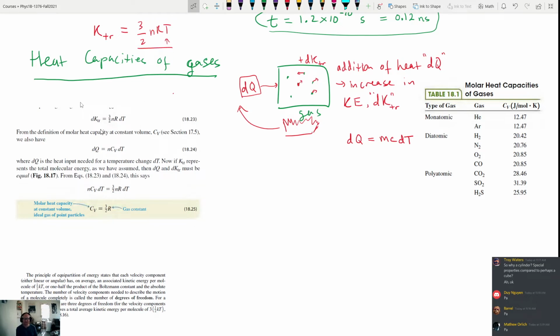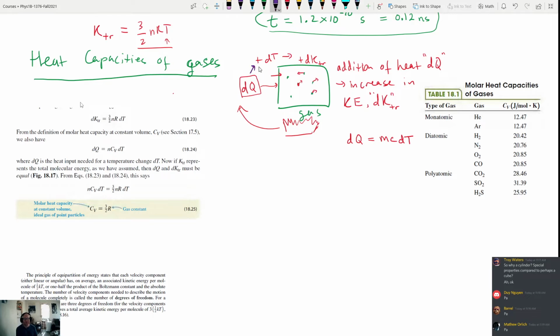So that's why dK is equal to 3 halves n R dT, because an increase in kinetic energy corresponds to a temperature increase. So here's the idea: we add dq, it leads to a positive temperature change, which leads to this. This is kind of the pathway here.